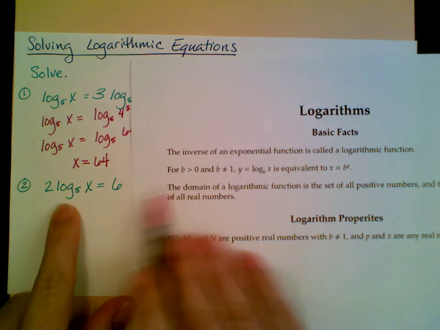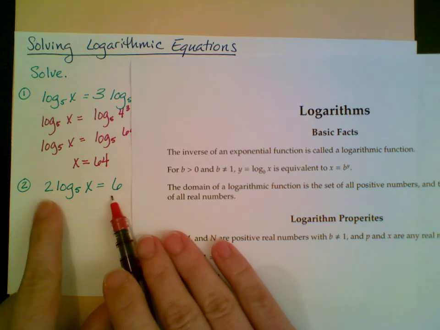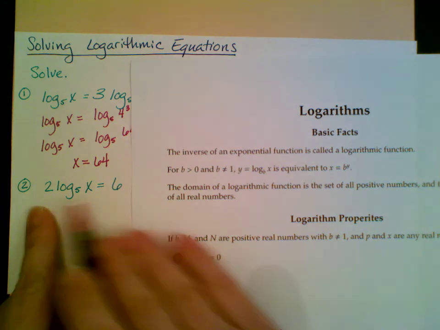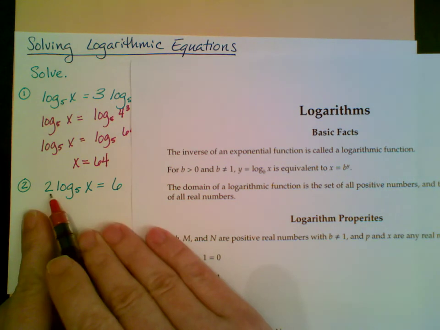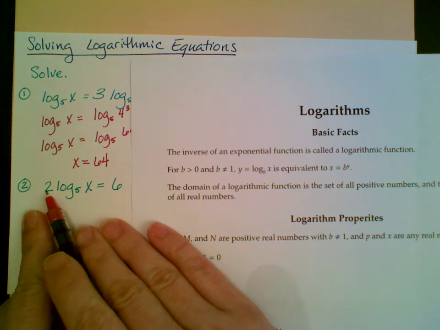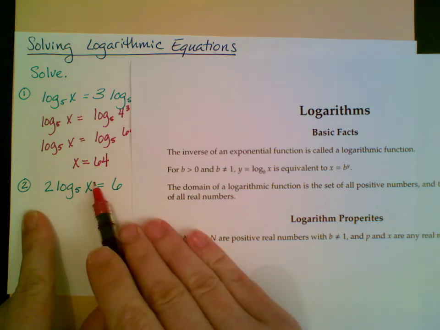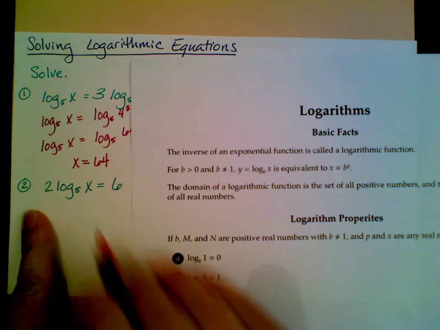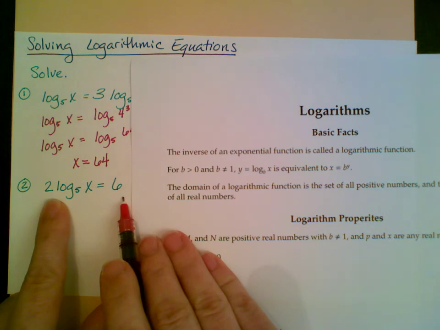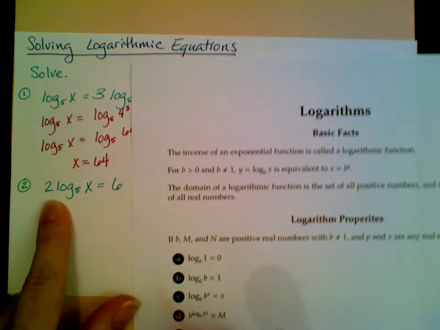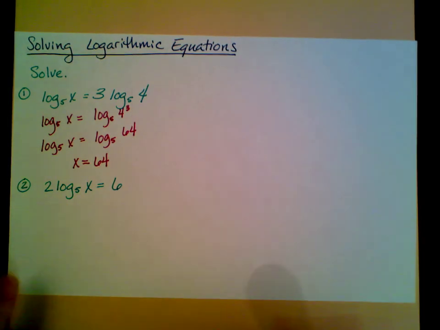Notice right now I don't have exactly something I can rewrite into exponential form, because this 2 is complicating matters. Now, one thing that I could do is pull that inside to become x squared. That is allowable. However, I can also divide both sides of this equation by 2, and that's going to be sort of a simpler process.